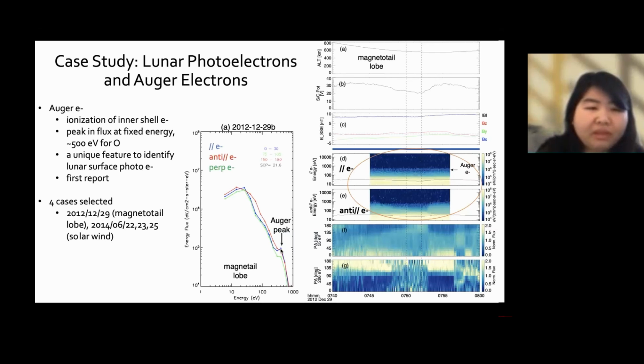We believe this is the first report of oxygen Auger electrons observed by a spacecraft. Using this feature, we are able to identify one case when the moon is in the magnetotail lobe, which is shown here, and 3 other cases when the moon is in the solar wind.